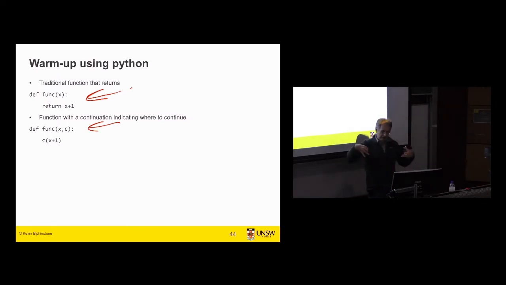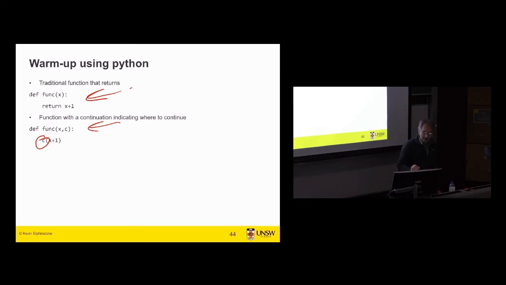In a language with first-class continuations, it would be a continuation type. Okay, and we'll see that in a moment. And so instead of returning to where we called from, after we add 1 to the first argument, we then call where we have to go to. Okay, we don't return. Now, depending on what that continuation contains, calling it may actually take us back to where we came from. Okay? Or calling it may take us to somewhere where we need to go.